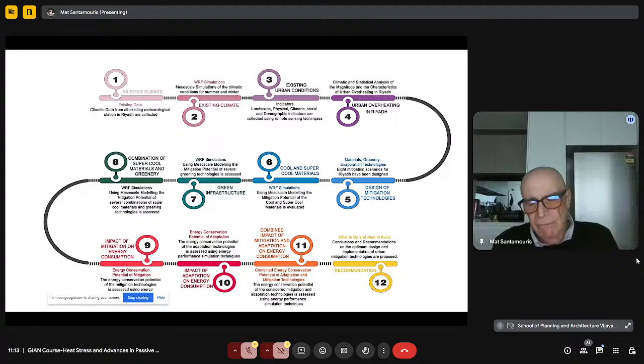Once we know the cooling potential for the city, then it is very important to understand the impact of the different mitigation technologies at the city scale. And the impact has to do with energy, and this is done. It has to do also with health.